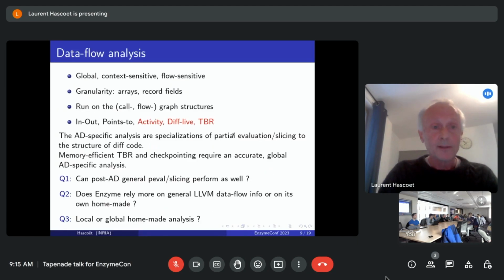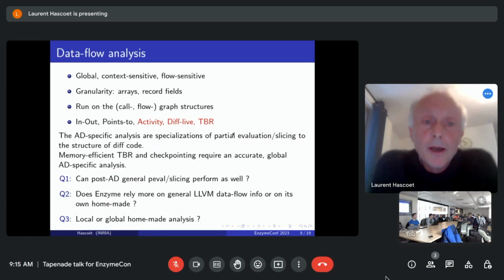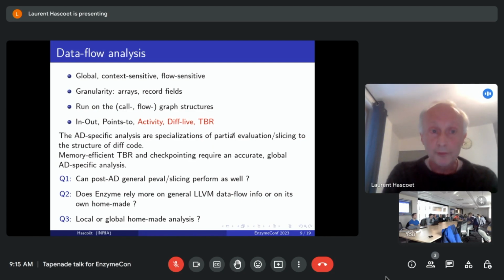What else? Still about data flow analysis. What we are proud of about these data flow analyses is that they are global. They run on the complete code. So they are context sensitive for the calls, and they are flow sensitive, of course. They handle the flow in the flow graph. The granularity of the data flow is, I think, reasonable.